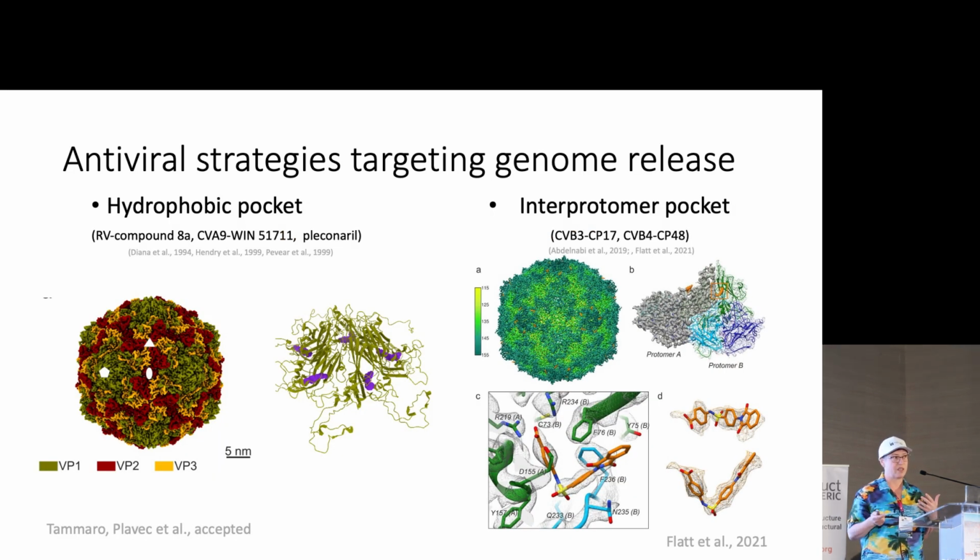So we've worked on various antiviral strategies which are targeting genome release. One of the ones we worked on with the NUDES lab were inhibitors of Coxsackie viruses. We found some broad-range inhibitors, and they were targeting an interprotomer pocket.